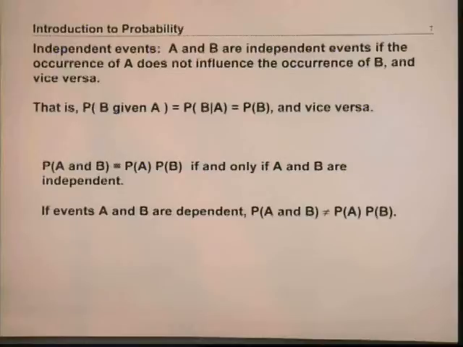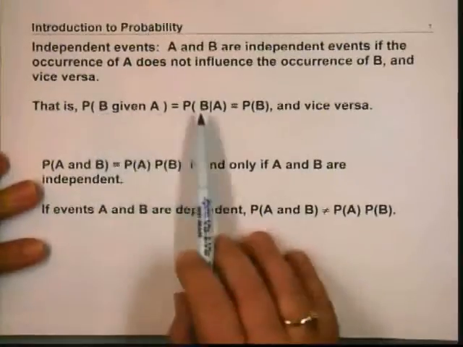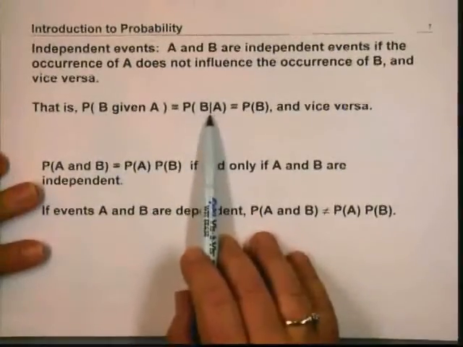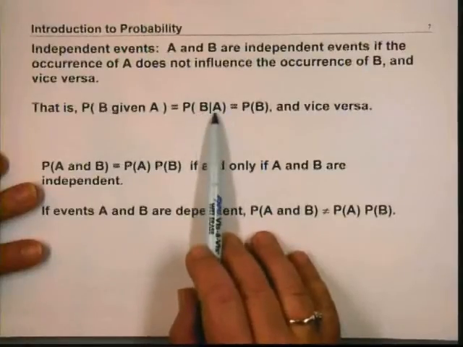We can also define independent events. Events A and B are independent events if the occurrence of A does not influence the occurrence of B and vice versa. When we write probability of B given A, the notation is a vertical bar, read as given that. So event B given that A has occurred.